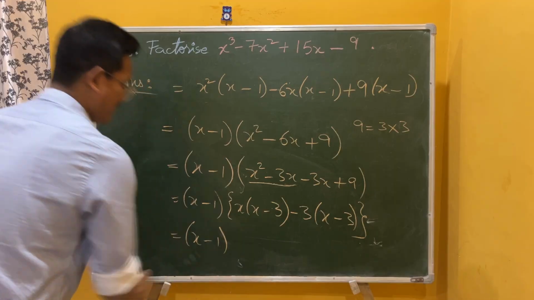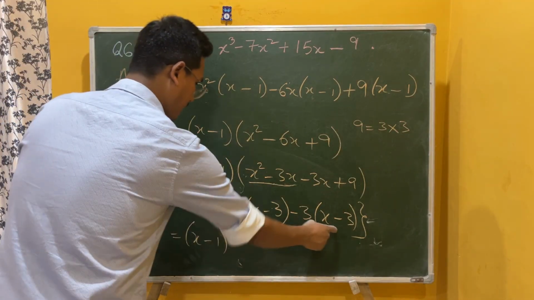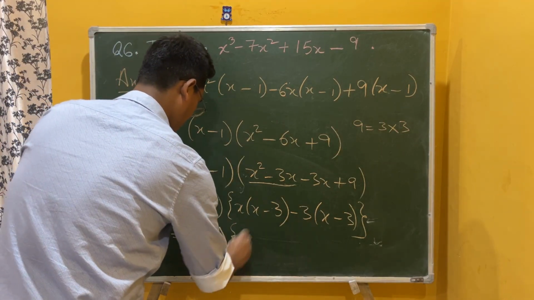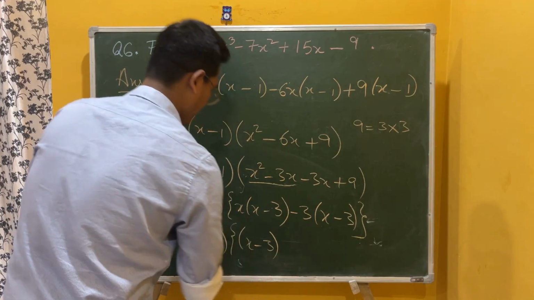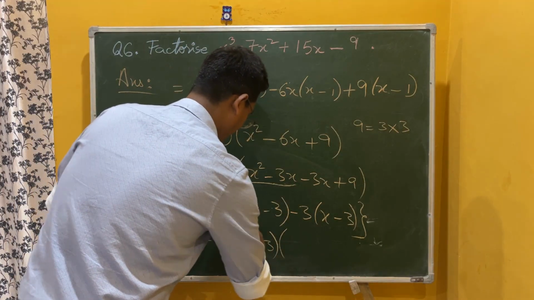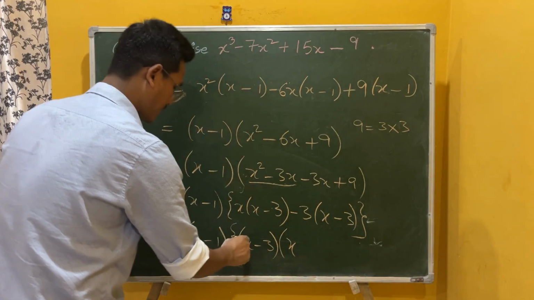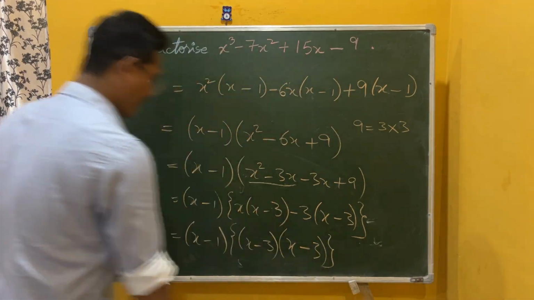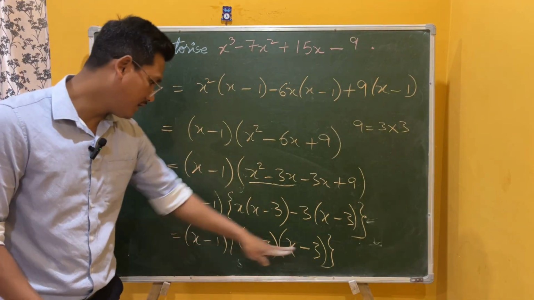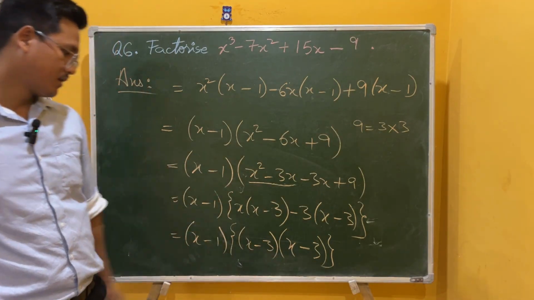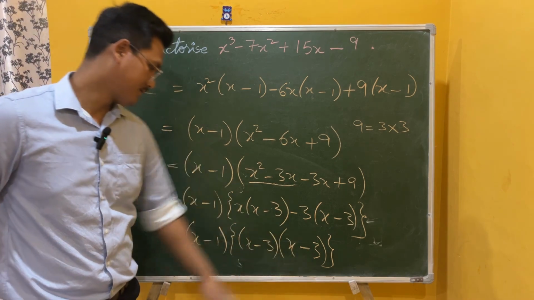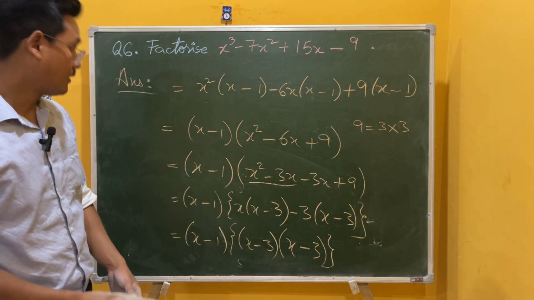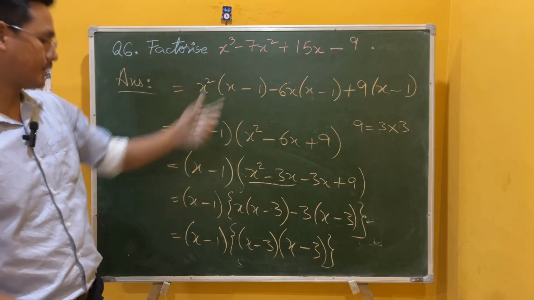When you multiply, you should get this, and also these two are always equal. So the common from these two terms is x minus 3. So x minus 3 into x is this term, x minus 3 into minus 3 is this term. So altogether, if you multiply these three factors, you'll get the expression.